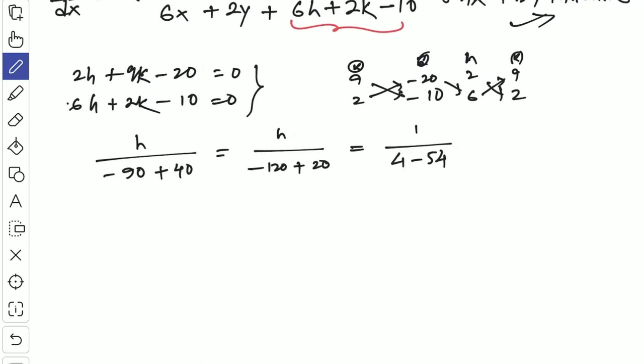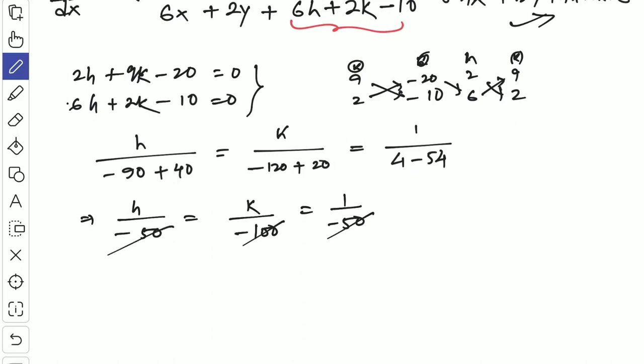If you solve this, then h by, that's going to be −50, and k by −100 is equal to 1 by −50. If you divide all terms by −50, then you will get here 1, here 2, here again 1.